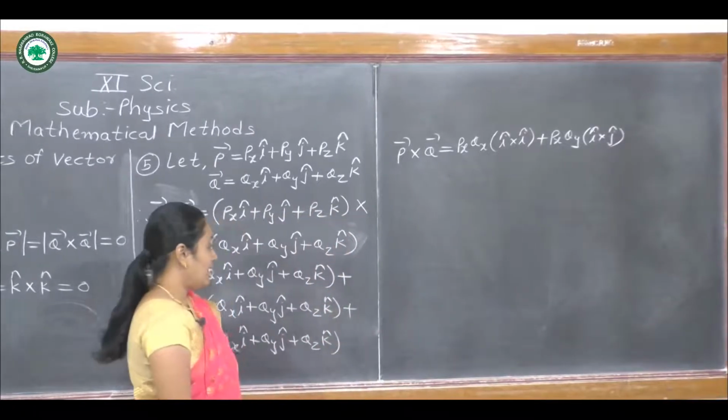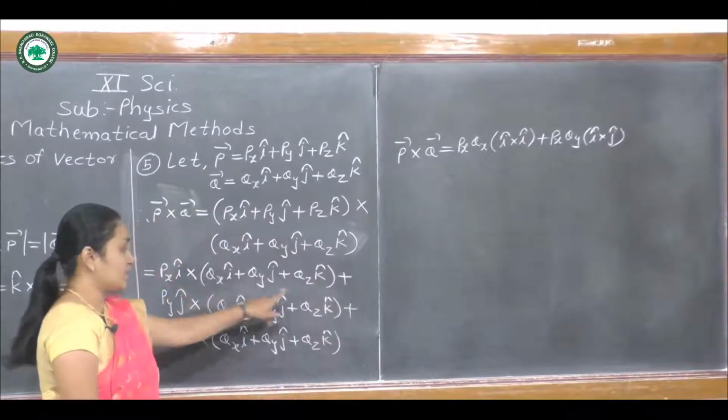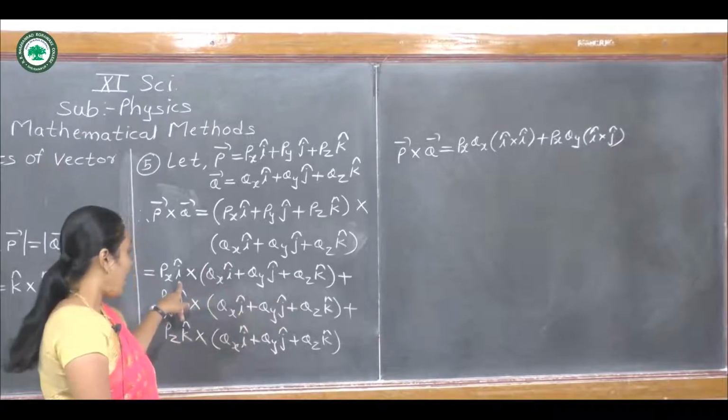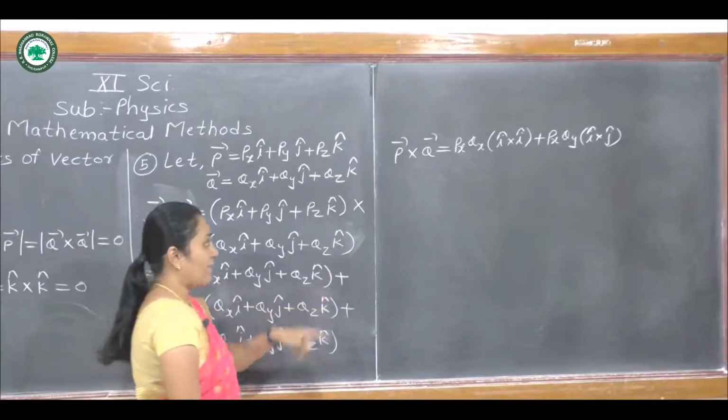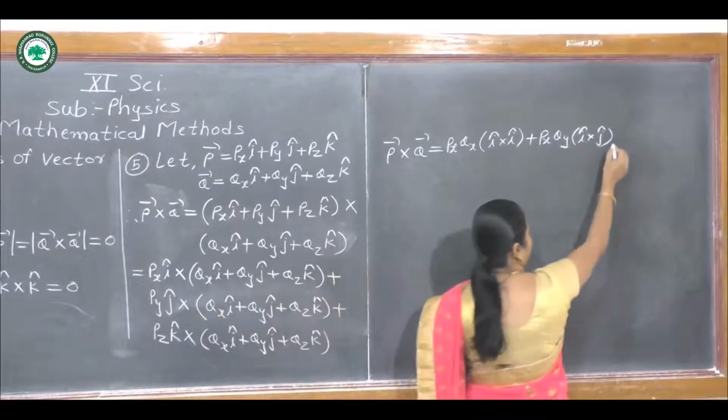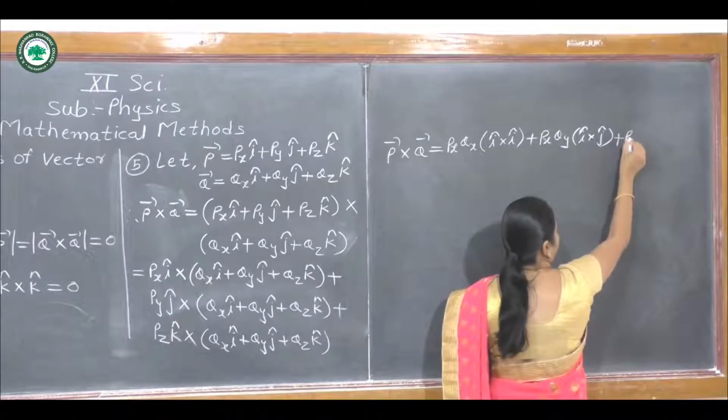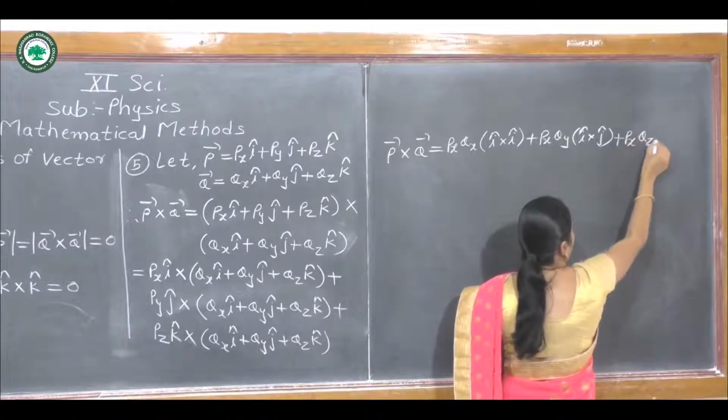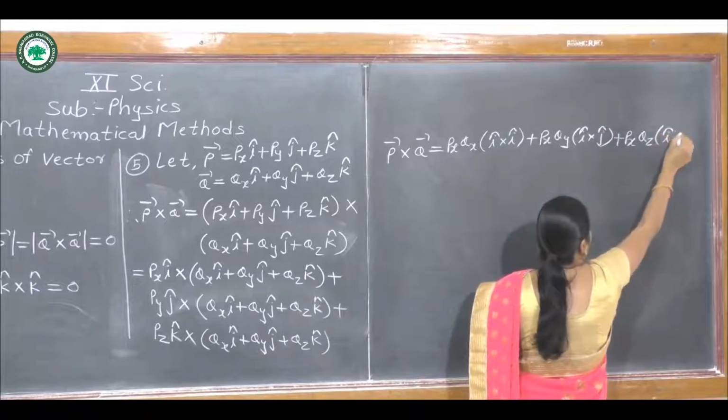Then the third term is px qz i cap cross k cap, so plus px qz i cap cross k cap.